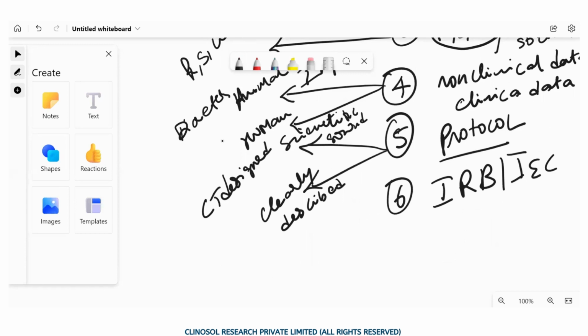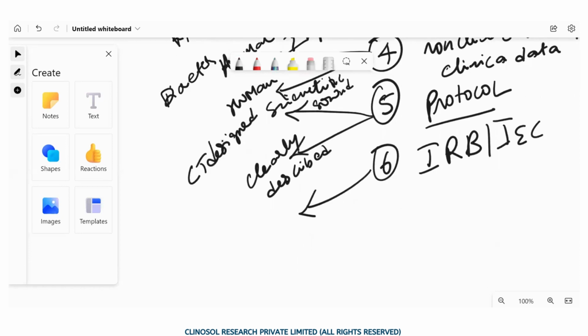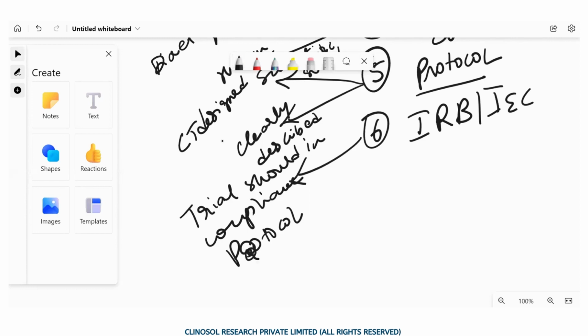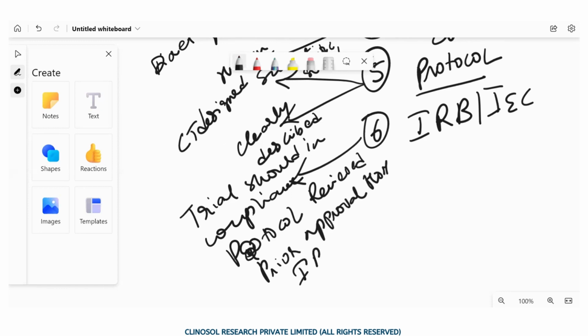Now a trial should be conducted in compliance with, in adherence with the protocol, and the protocol should have received prior approval from IRB and IEC.